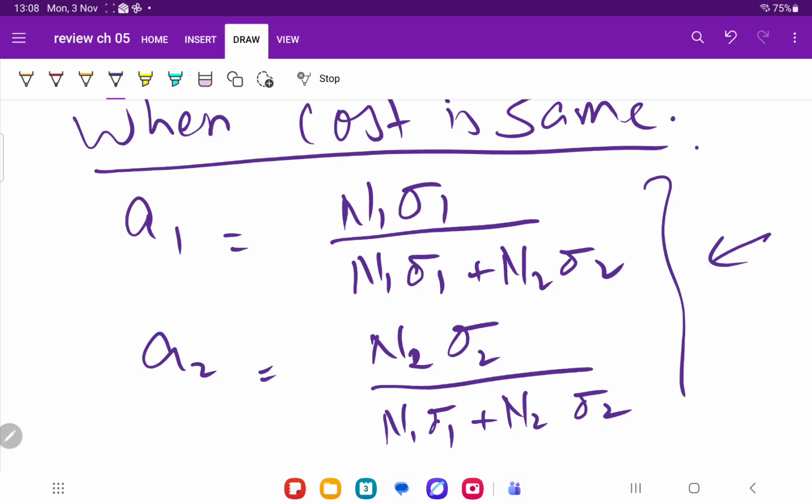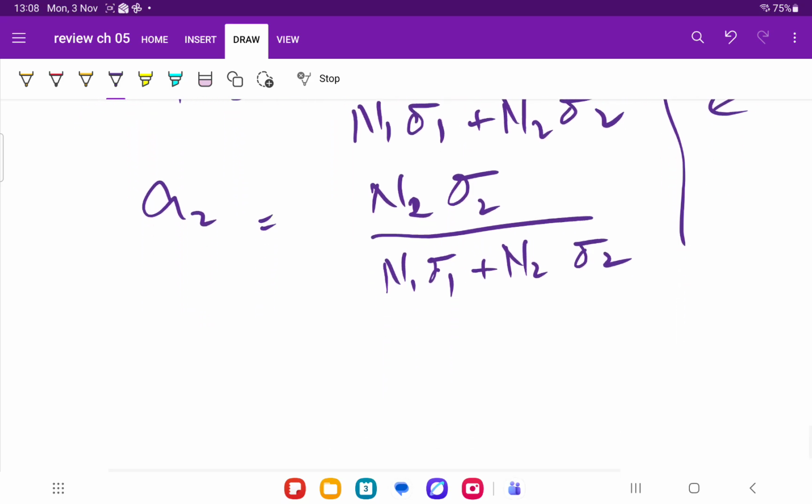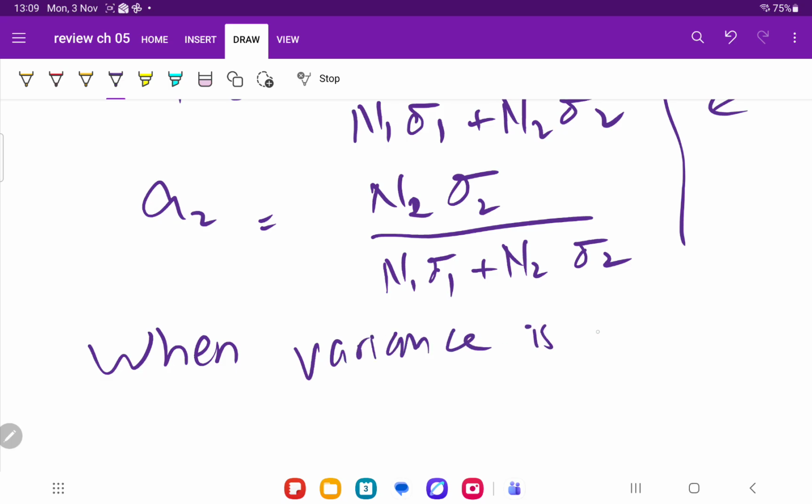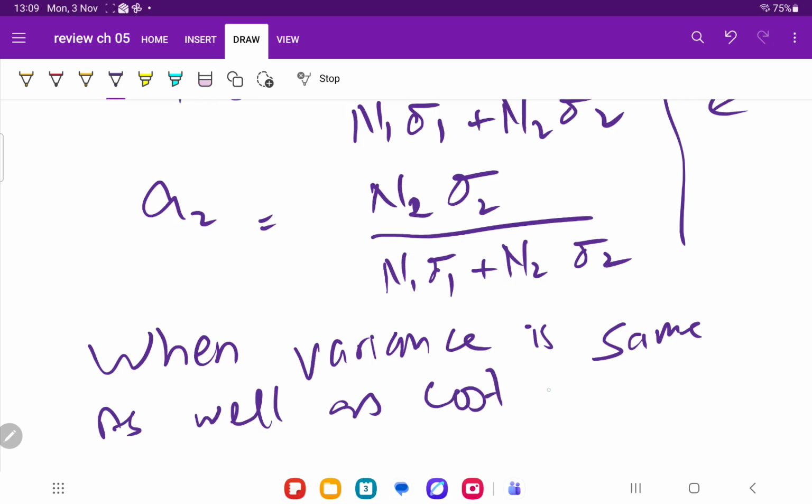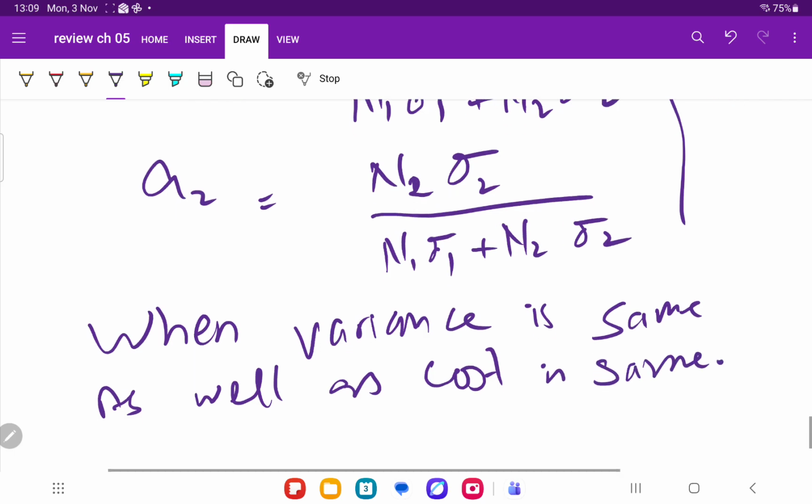When it is mentioned in your statement that the variance is also the same from one strata to another, then it is the special case where variance is the same as well as cost is the same.